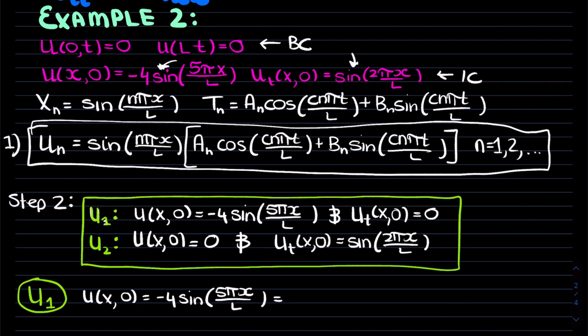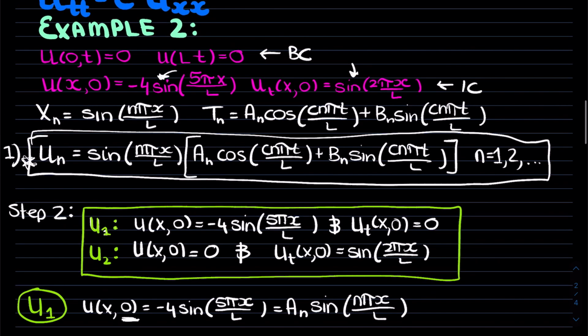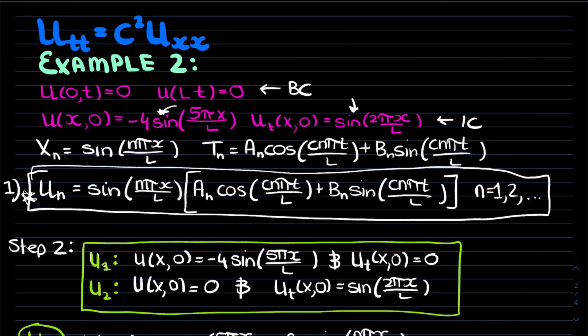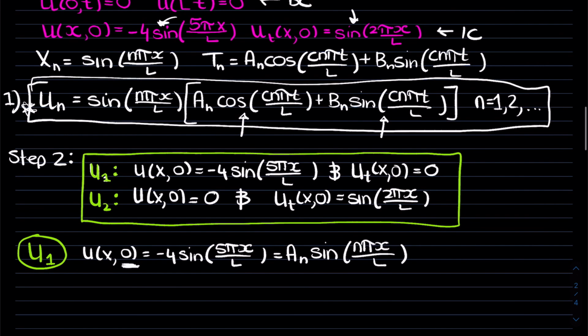If we put in t equals 0 into our u of n equation up here, you'll see that we're just left with a of n sine n pi x over L, because the cosine up here is going to go to 1, and this one here is going to vanish and go to 0.